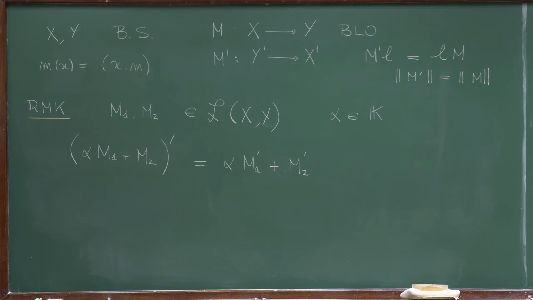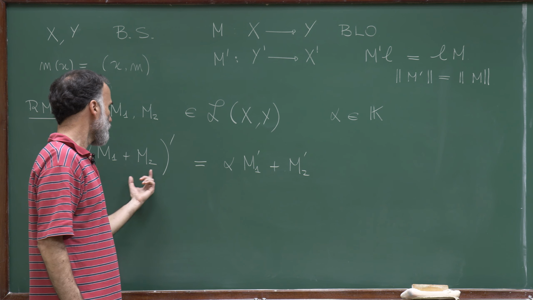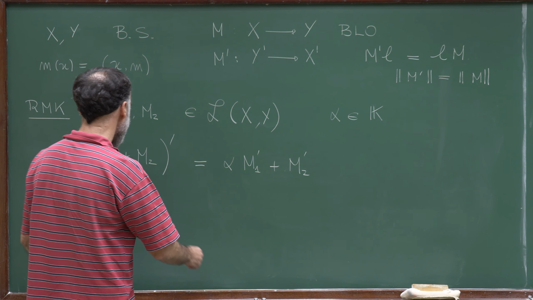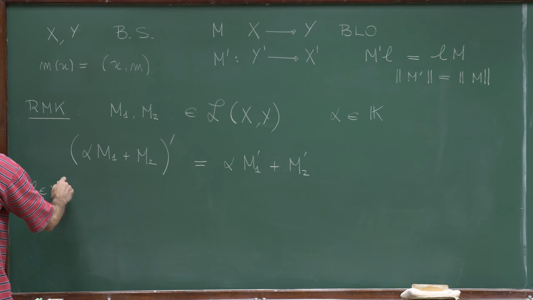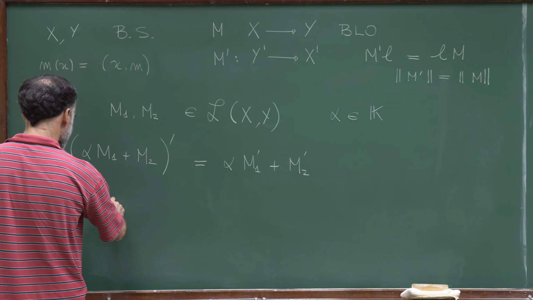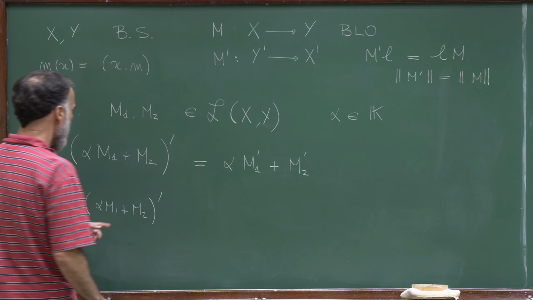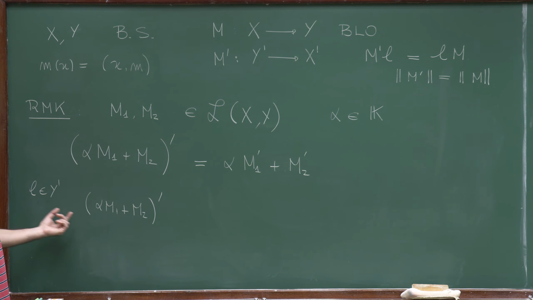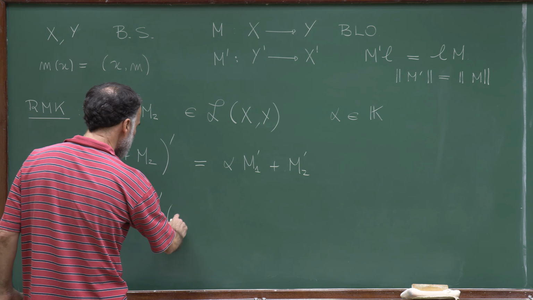This is clear, because to show that these two operators are the same, just consider L an element in Y prime, and apply alpha m1 plus m2 transpose to L.